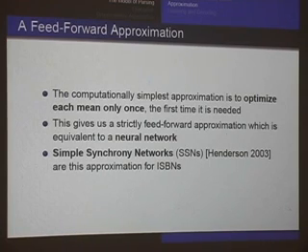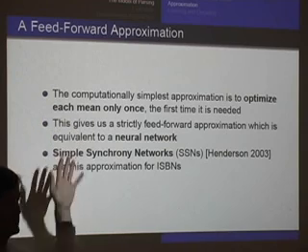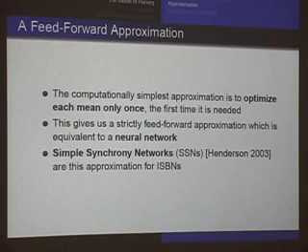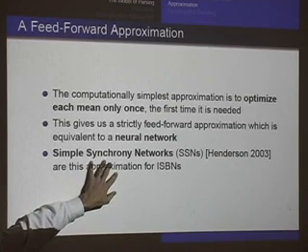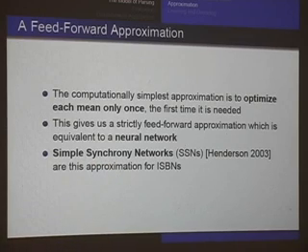You continue to see more evidence about the parse, but you assume that it's irrelevant for that mean. This gives us a strictly feed-forward computation, which is very fast, and it turns out equivalent to a neural network. Specifically, because of the way I've designed the graphical model, it's equivalent to the simple synchrony networks that I developed in my earlier work on neural network parsing. So that's the sense in which we can think of the neural network as an approximation to a graphical model with latent variables.